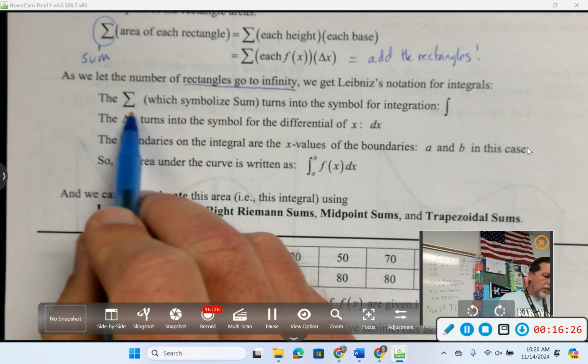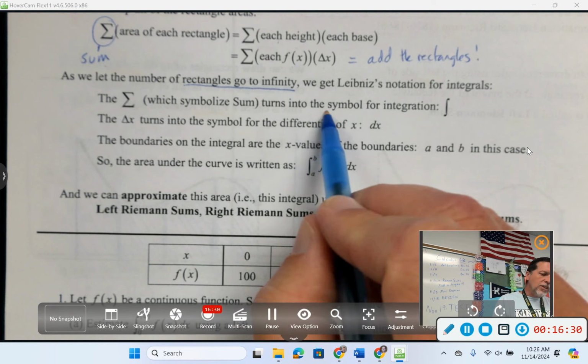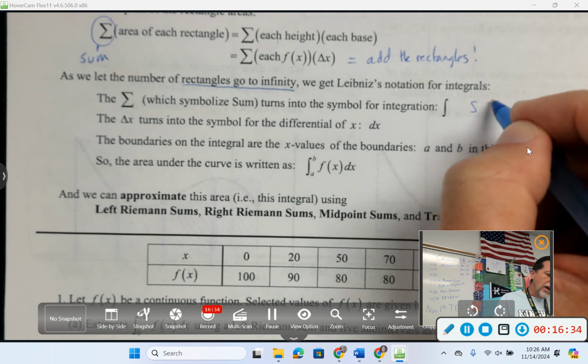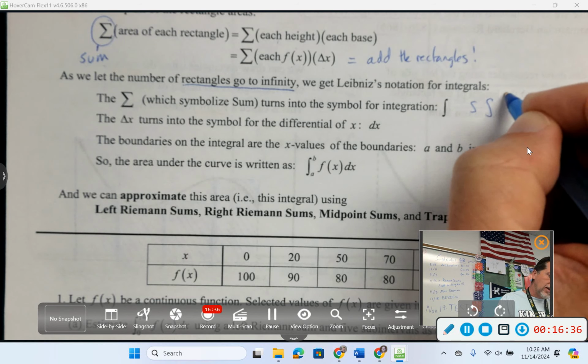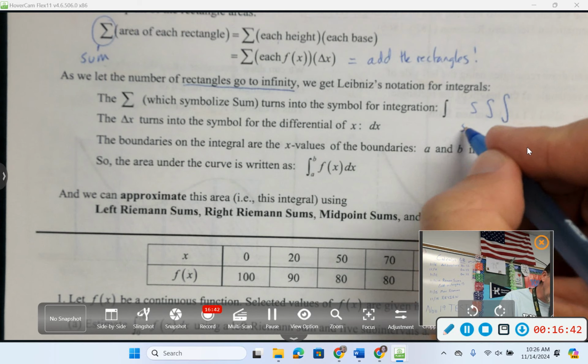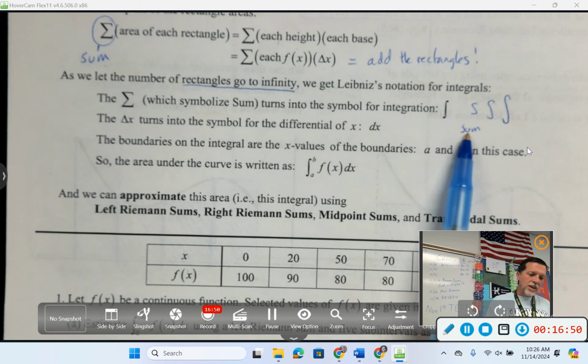The summation, sigma, sign thing, turns into the symbol for integration. And again, this really is an elongated S. Here's my attempt to elongate an S. S for sum. So that antiderivative symbol that we've been calling antiderivative is also integration, which means sum.